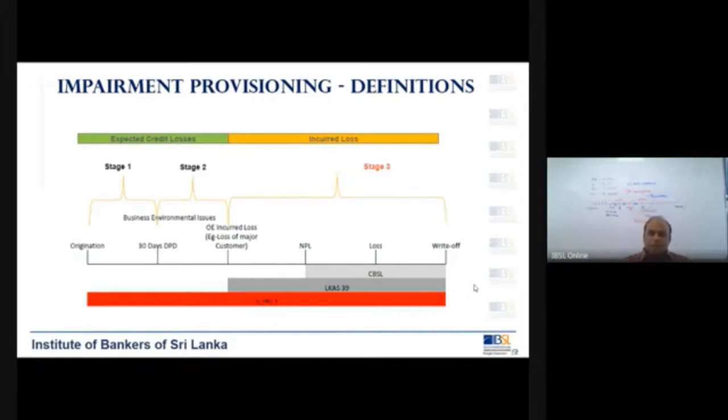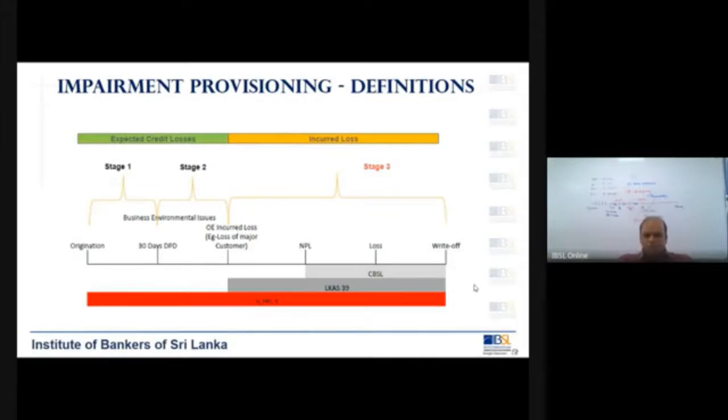You can start before that and start making provisions. Now that is the point where we say, you can see that in the diagram, we call it as OE, incurred loss. That OE stands for objective evidence. Please take down. Objective evidence.